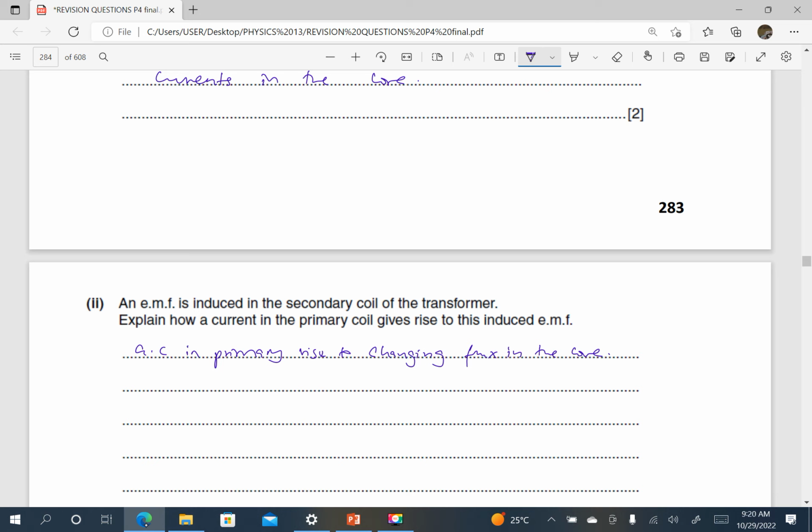Note that the core links with the secondary. The core links the flux with the secondary coil.